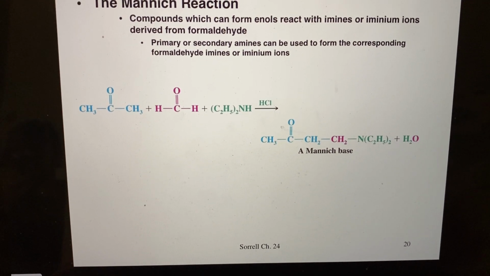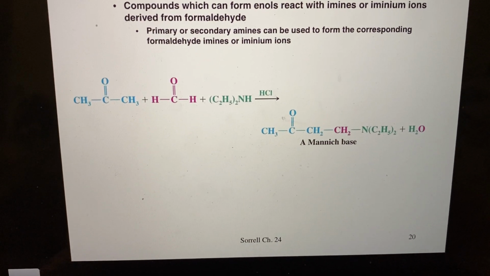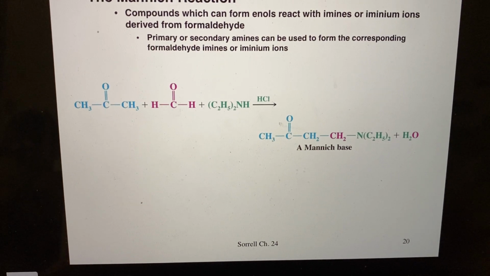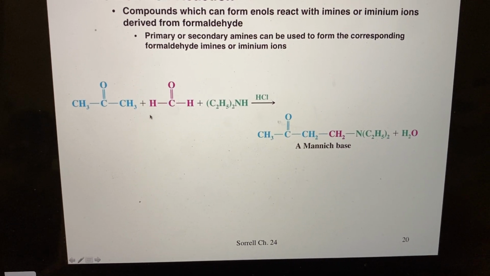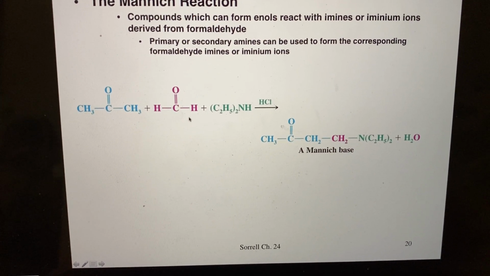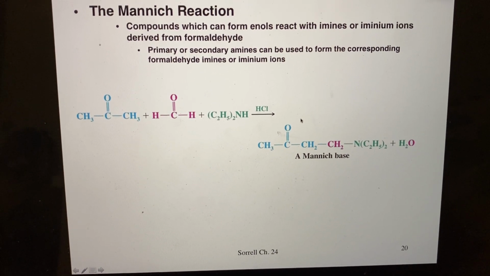Electrophiles. Exactly. So remember I said yesterday that enamines are always nucleophiles, but imines or iminium ions are always electrophiles. So all we're going to be doing is taking these two first, reacting them through the mechanism you already know from Dr. Schwann, and making an iminium ion.